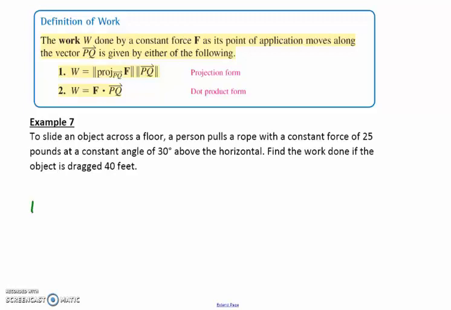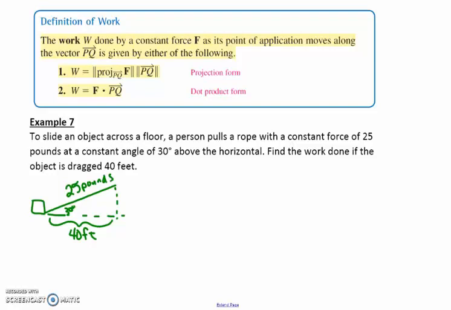So we have the object, we have the rope, and that is at a 30-degree angle, and the person is pulling that object 40 feet, and the constant force is 25 pounds.